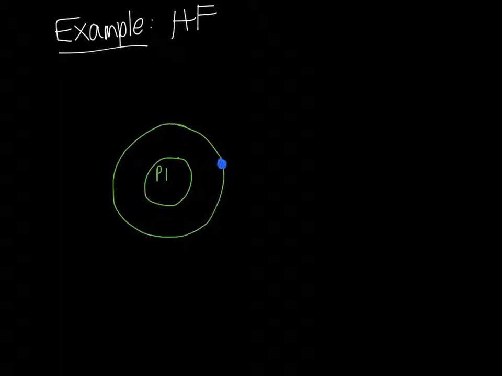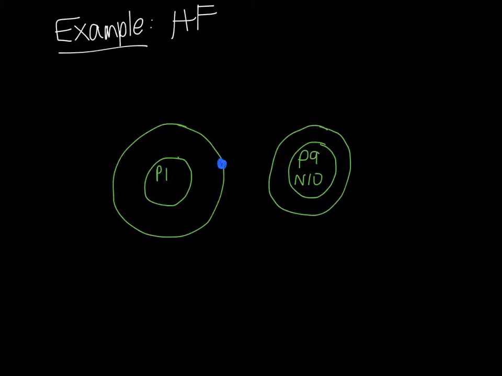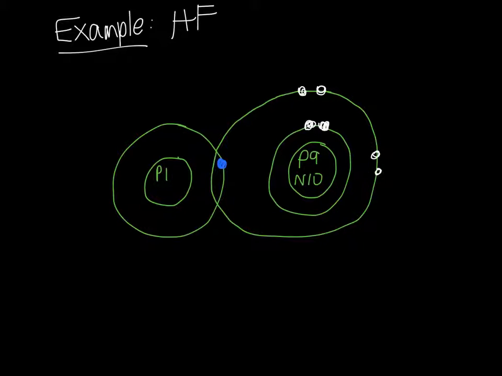Then we had fluorine, which had 9 protons, 10 neutrons. Here's its first shell. This time we'll make fluorine's electrons white. There were 2 electrons there. And then it had its second shell, a little bit crooked there, and it had 2, 4, 6, 7.